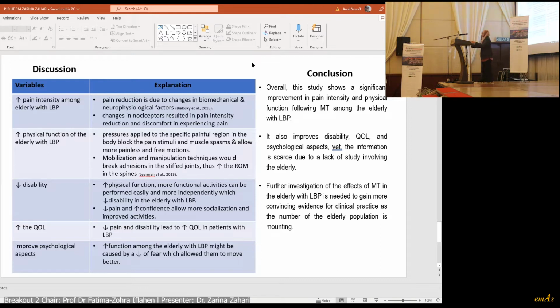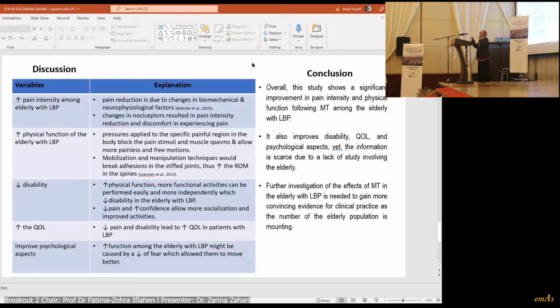So as for the conclusion, this study shows a significant improvement in pain intensity and physical function following manual therapy among the elderly with low back pain. Yet the information is scarce, due to lack of study involving the elderly.